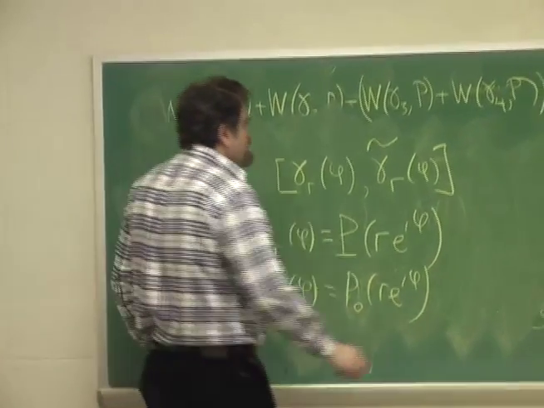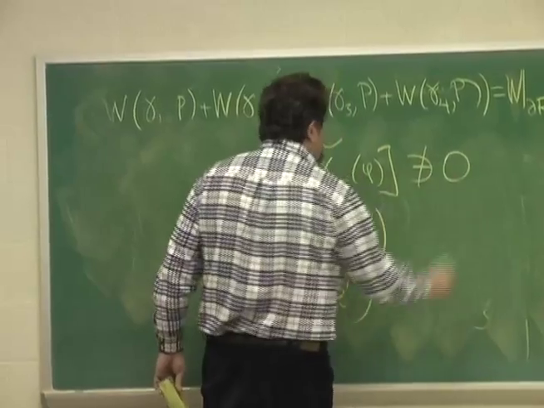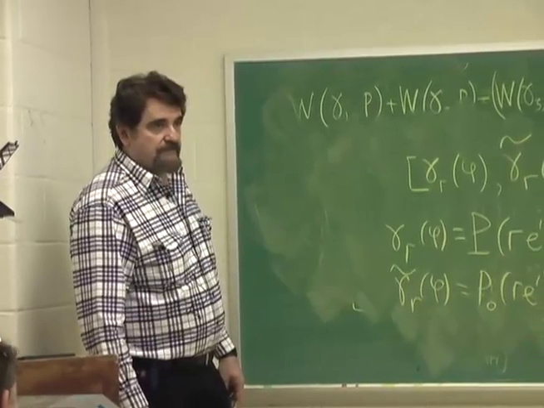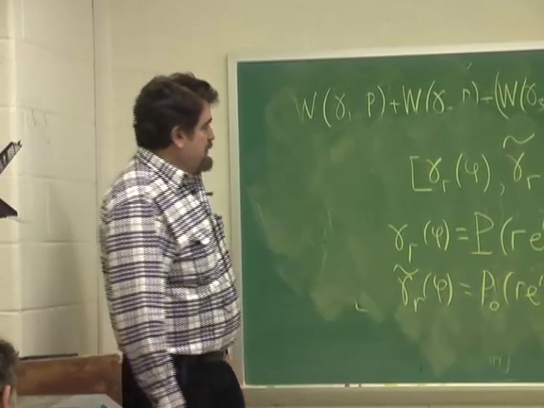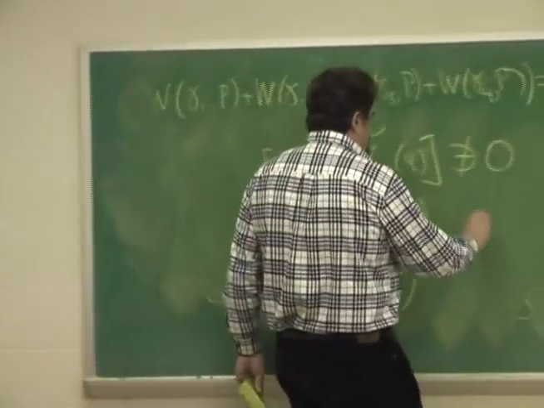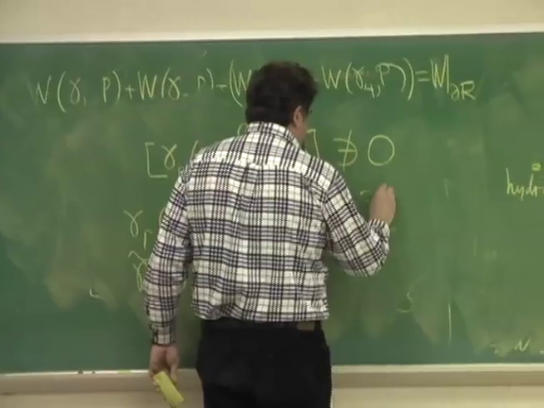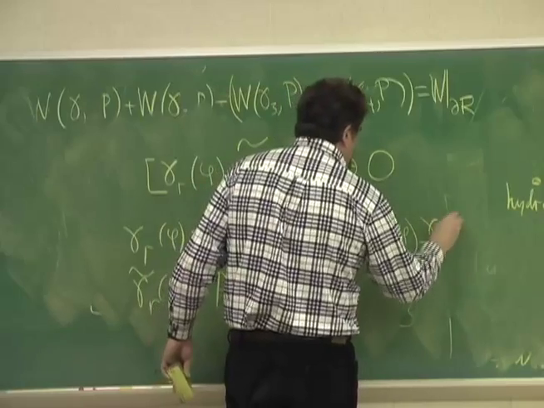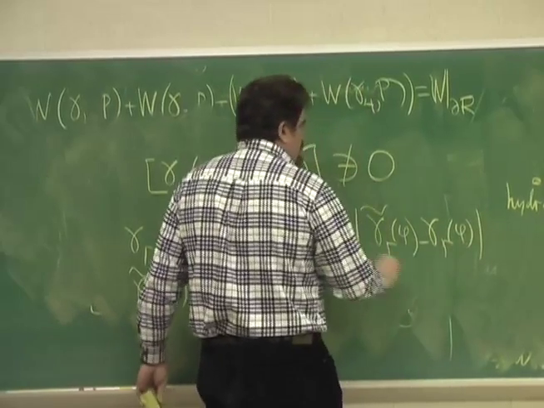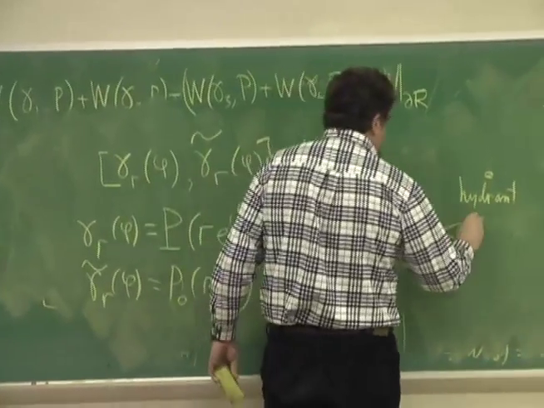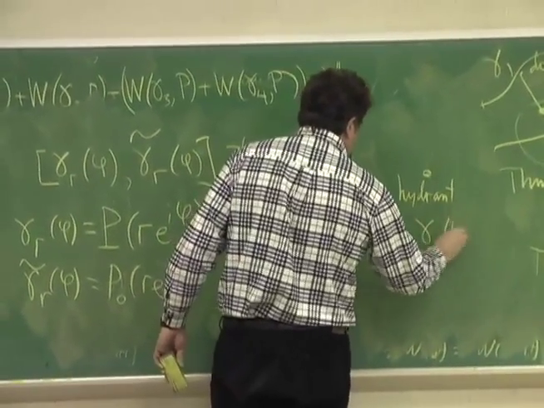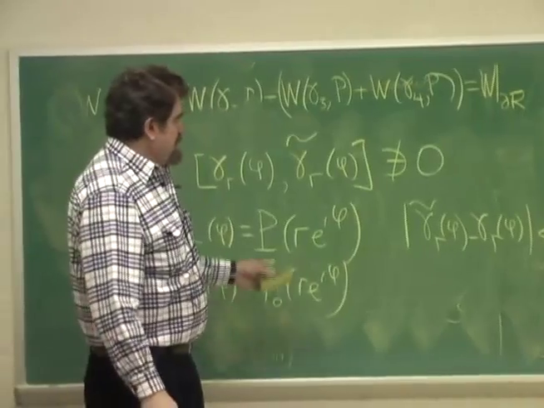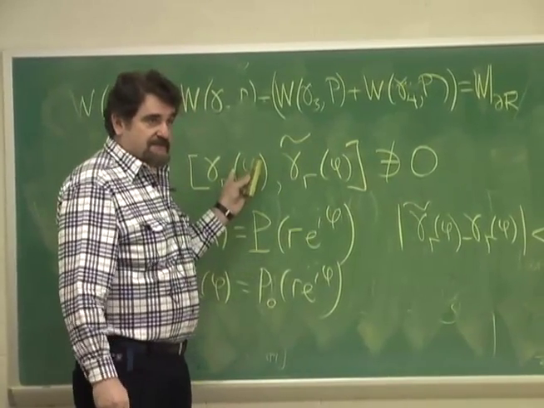I need to show that this does not contain 0. But I will prove that gamma r of phi minus gamma r tilde of phi is less than gamma r tilde of phi, then it cannot contain 0.